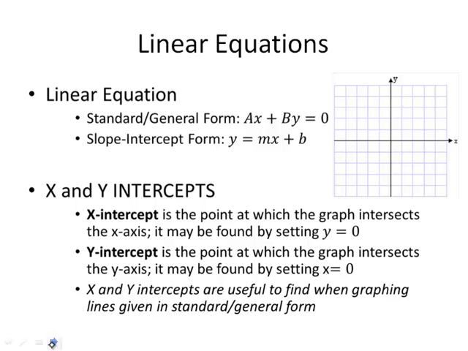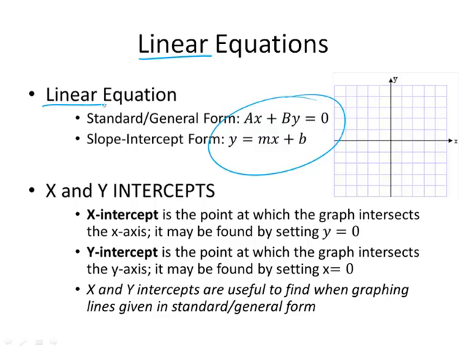Let's talk a little bit about what makes an equation a line, a linear equation. Well, you've got these two forms. You may have noticed with the graphs that we have been making, the ones that had x and y values just plain with no squares, no cubes, no absolute values, they were forming lines.